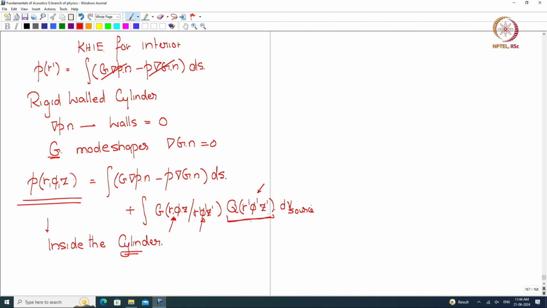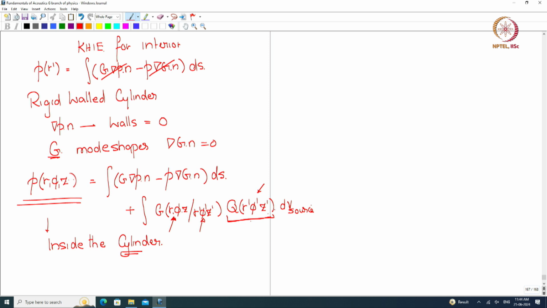If G is the sum of modes, only the volume integral over the source survives. The surface integral is 0, as the modes satisfy the boundary condition. Else G can be the free space Green function where all terms are present, the surface integral and the source integral, and the boundary conditions now decide which term is 0 or non-zero.